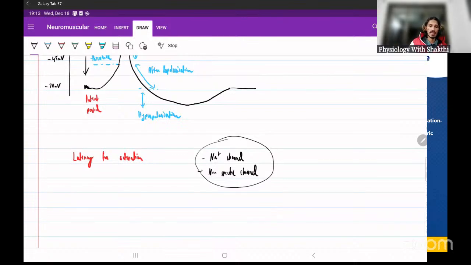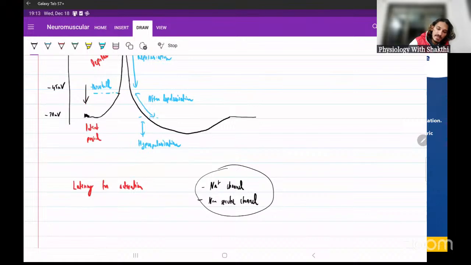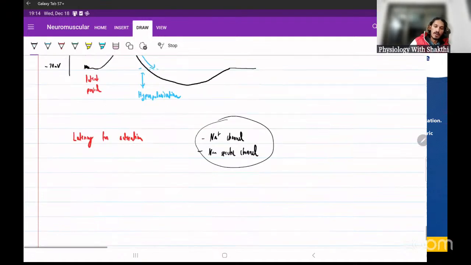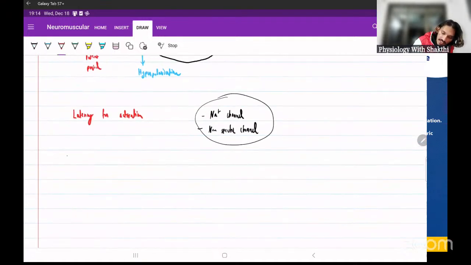After the latency, what is going to happen? Initially, there will be a part where, because of sodium influx, the potential will go up. It's much slower, as you can see over here. And once it reaches threshold, then at that particular voltage, there is a group of voltage gated sodium channels.